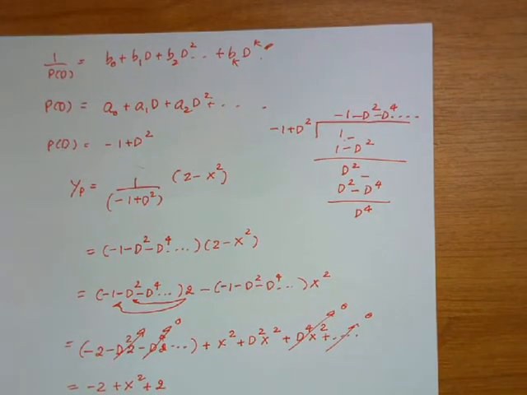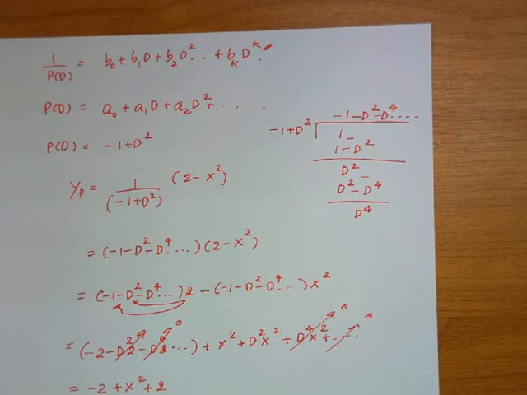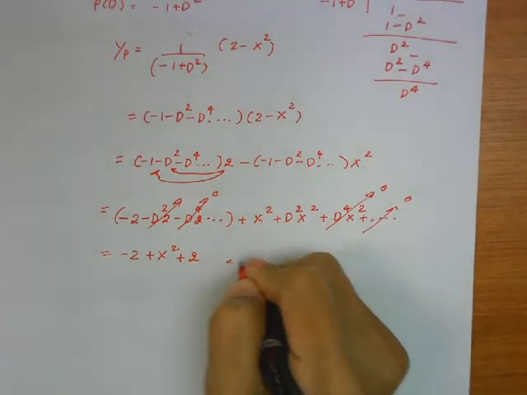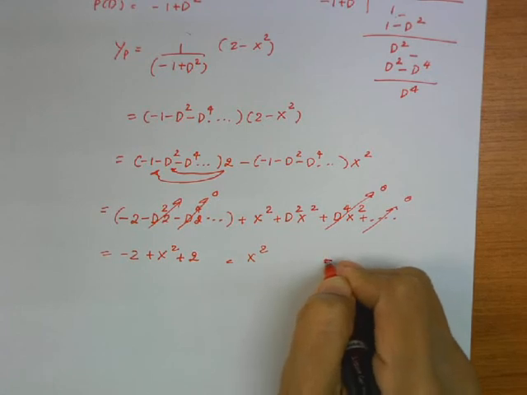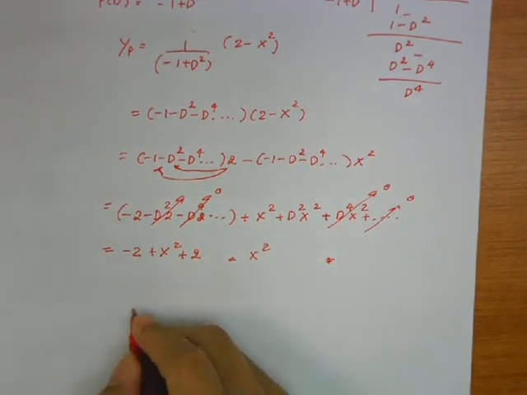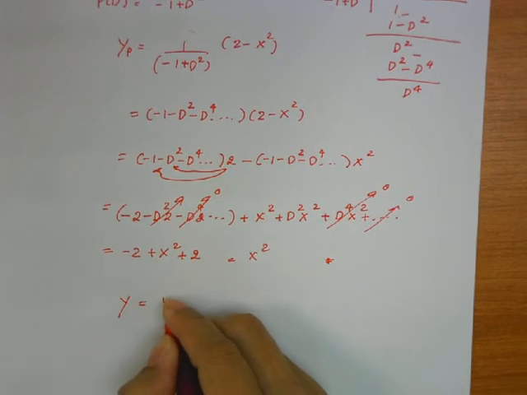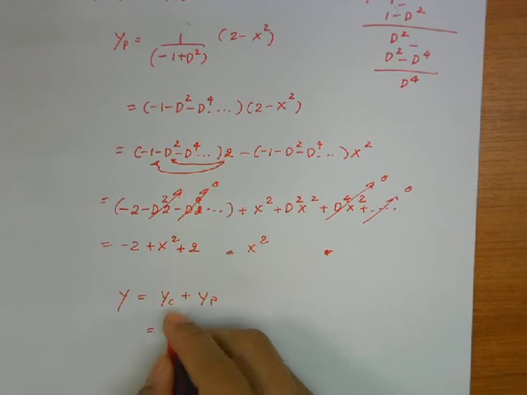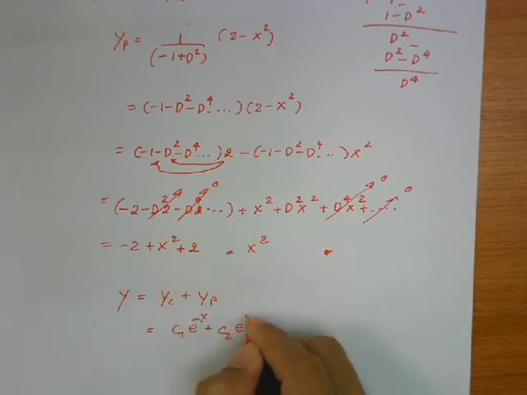It works only when your k is a positive integer. So your yp is equal to x squared. Now, the answer would be y is equal to yc plus yp, which is c1 times exponential of minus x plus c2 times exponential of x plus x squared.